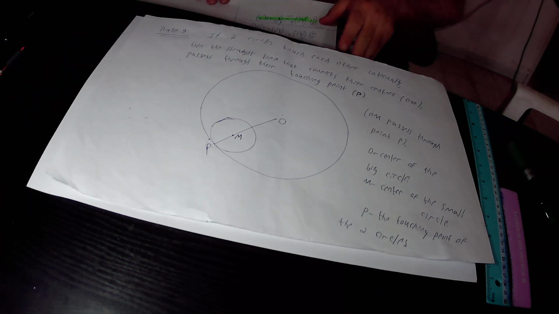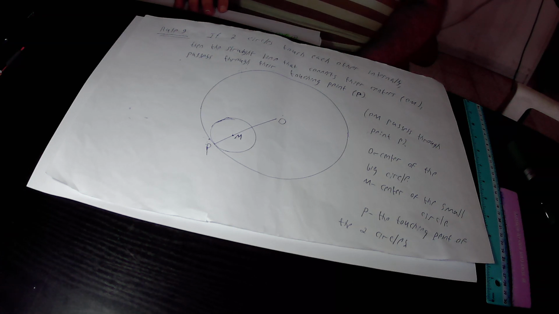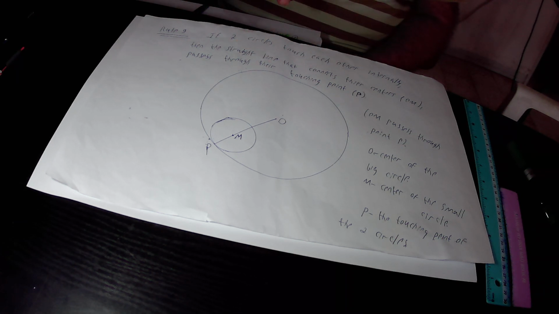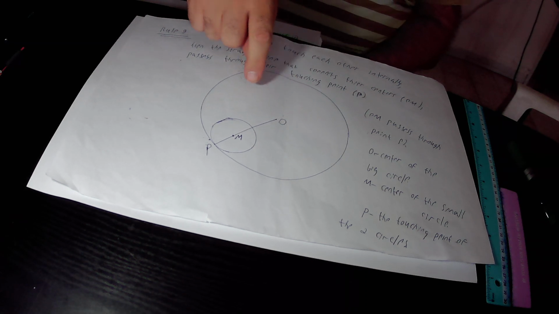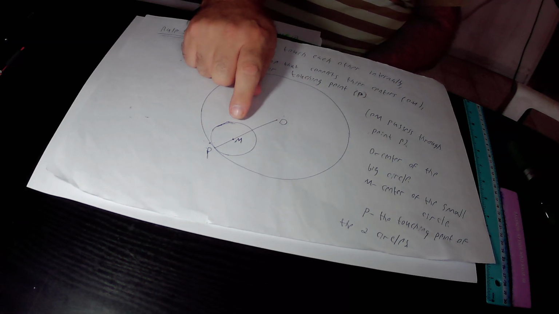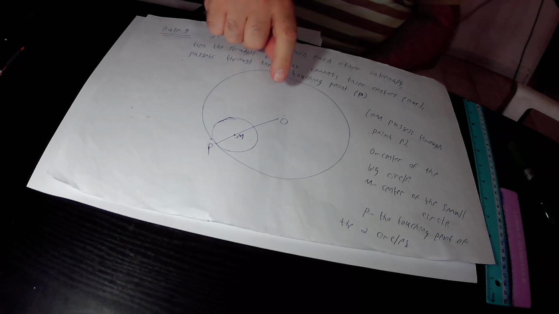According to rule 9, if two circles touch each other internally, then the straight line that connects the centers together passes through their touching point. In this example we have two circles. The center of the big circle is point O. The center of the small circle is point M. The straight line that connects the centers together is the straight line OM.